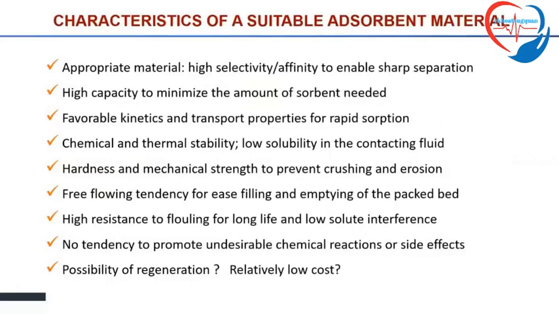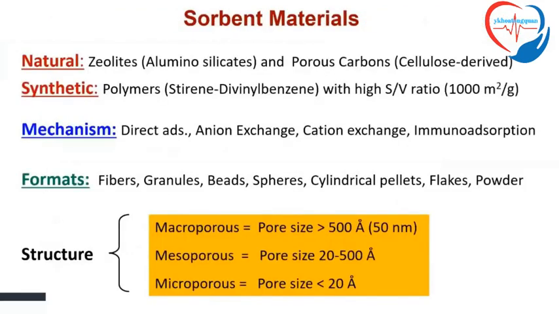Today, we know that the characteristics of a suitable adsorbent material should be high selectivity to enable sharp separation, high capacity to minimize the amount of sorbent needed, favorable kinetics of transport, chemical, thermal, and mechanical strength and stability, free-flowing tendency of the fluid phase, which is blood in this case, high resistance to fouling, and no tendency to promote undesirable effects. In the future, it will also be interesting to see if we can regenerate these cartridges.